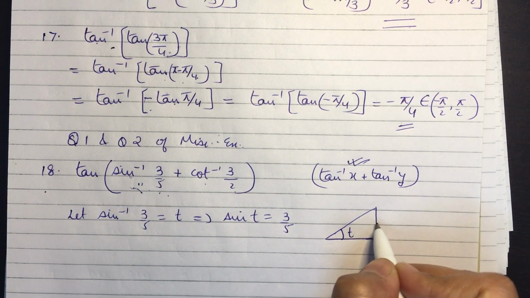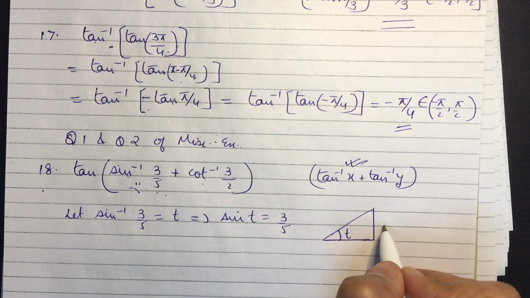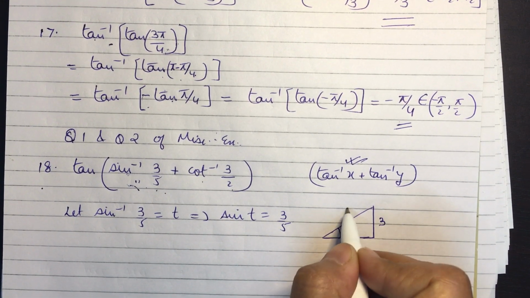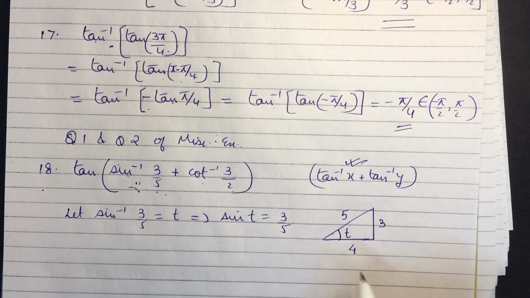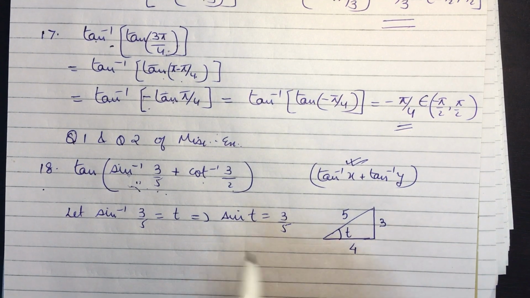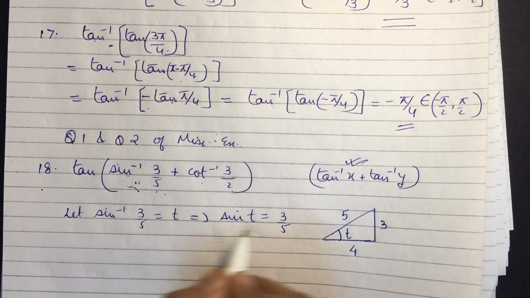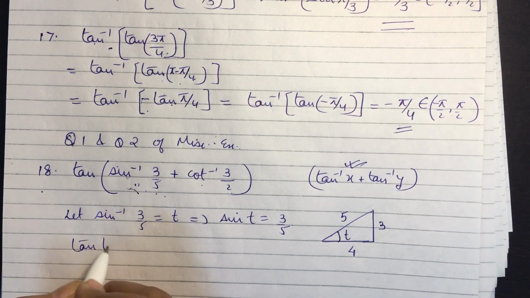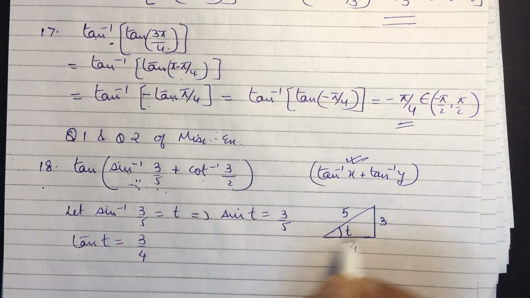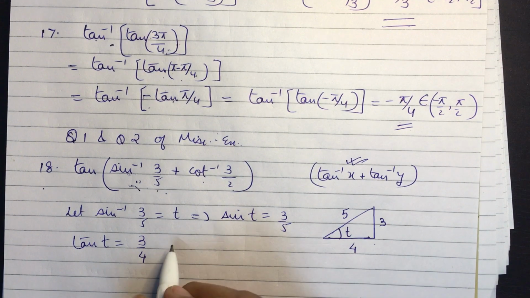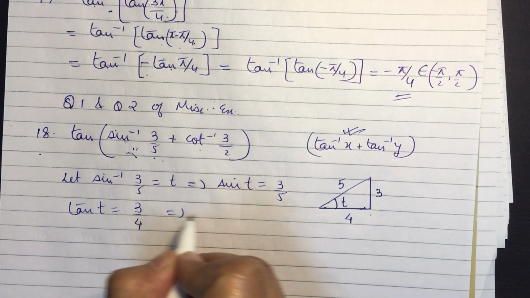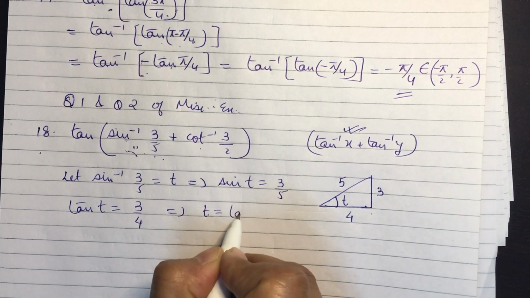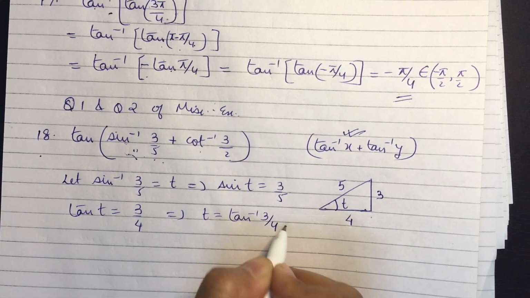This angle is t. Sine means perpendicular upon hypotenuse, so the third side is 4. Now from here, tan t can be written as 3 by 4, perpendicular upon base, which gives us t is equal to tan inverse 3 by 4.